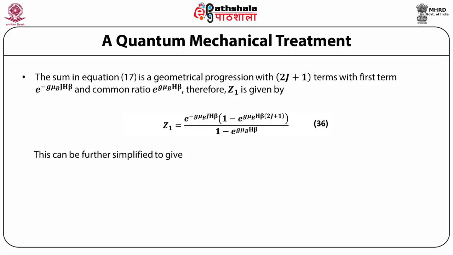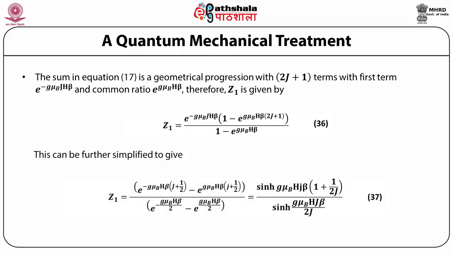This can be further simplified to give Z1 = [e^(−g μ_B H β (J+1/2)) − e^(g μ_B H β (J+1/2))] divided by [e^(g μ_B H β/2) − e^(−g μ_B H β/2)], which is equal to sinh(g μ_B H J β (1 + 1/2J)) divided by sinh(g μ_B H J β/2J).